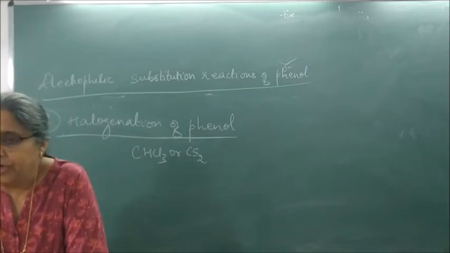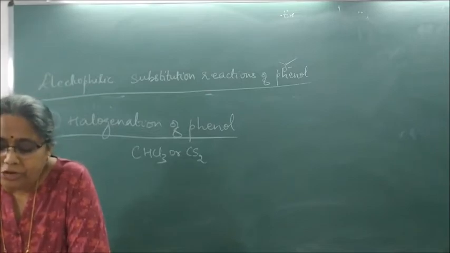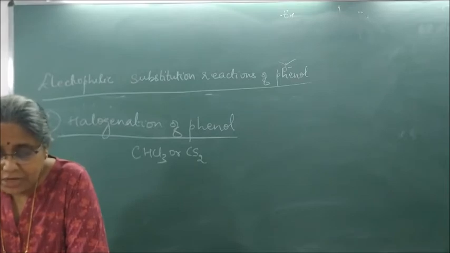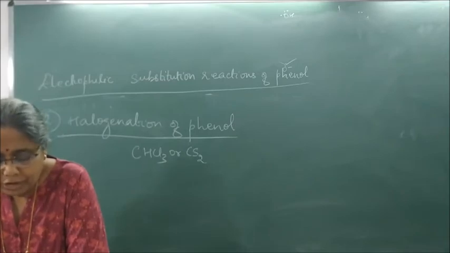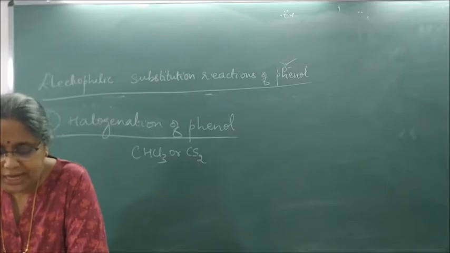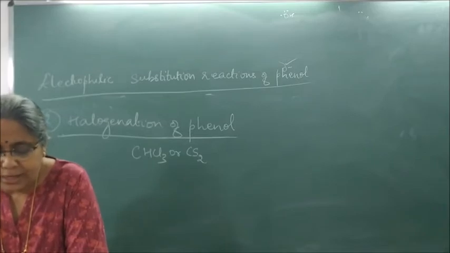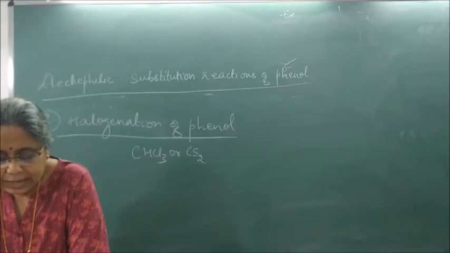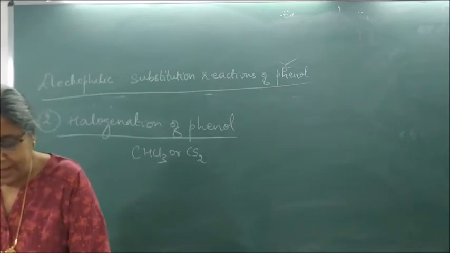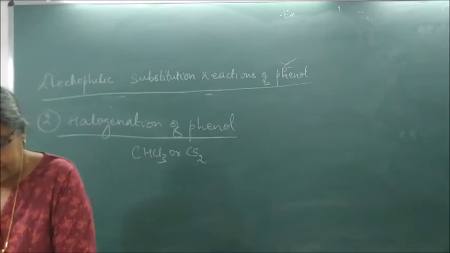Put a star and write. Bromination takes place even in the absence of Lewis acid, as the OH group is highly activating.